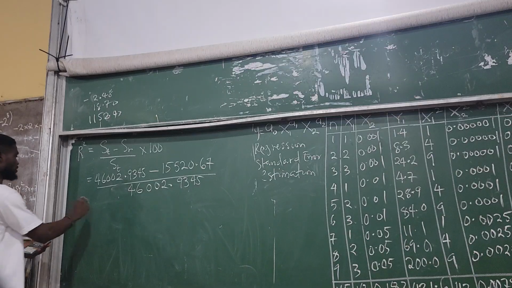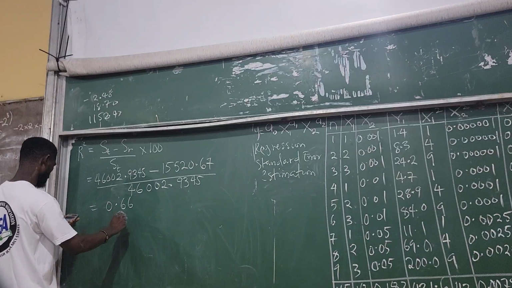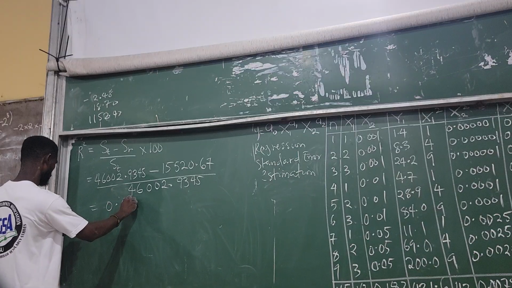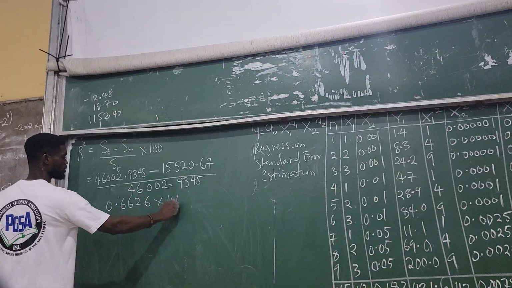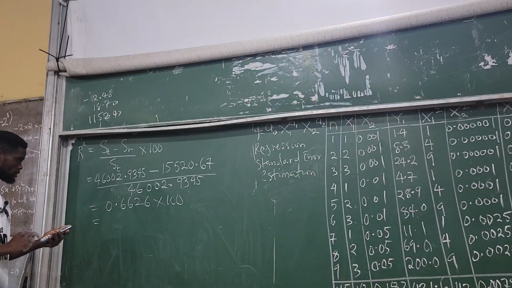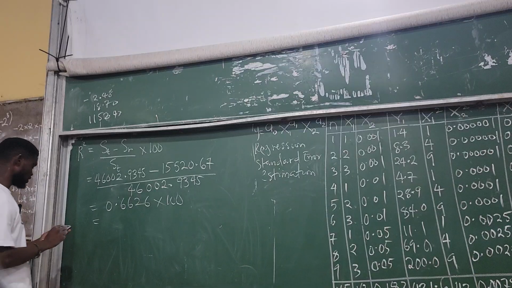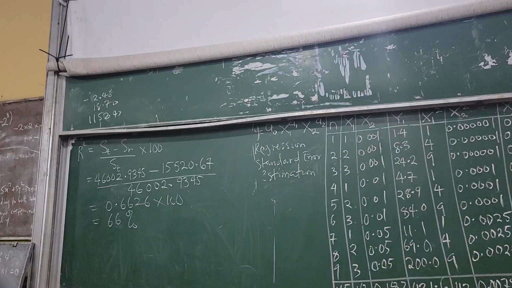So we have everything gave us 0.6626 times 100. So we have 0.6626 times 100 will give us 66%. So our regression is 66%.